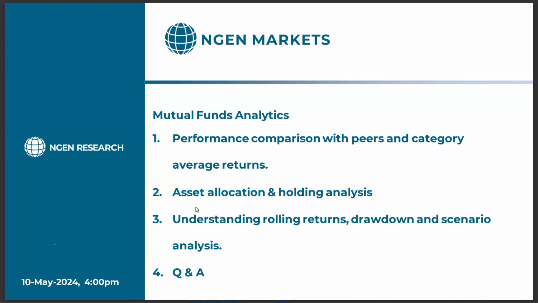Next, we would be focusing on the asset allocation of the fund and the holding analysis, which shows the new holdings or new positions that have been brought into that specific fund as on the latest date. Next, we would be looking at the rolling analysis and the drawdown analysis. Rolling returns basically tell us how the fund has performed, the consistency of the fund in the rolling window.